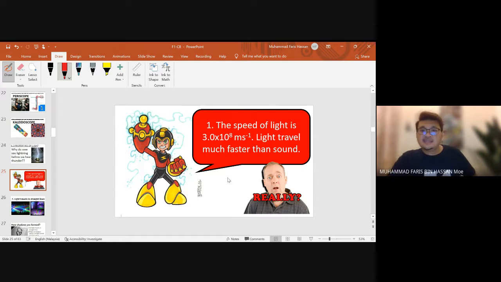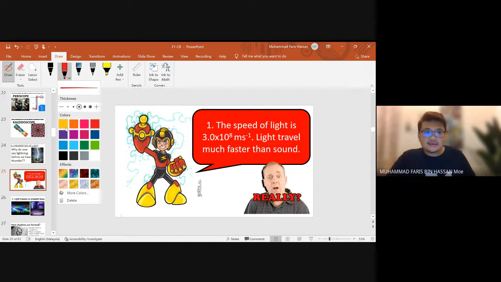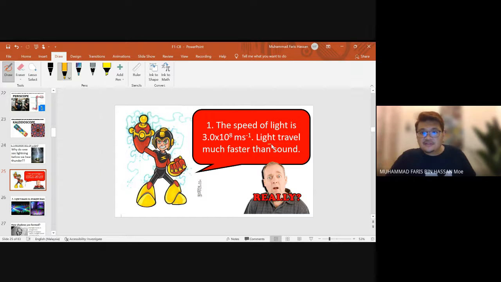The first property of light is that the speed of light is 3.0 times 10 to the power of 8 meters per second. Light travels much faster than sound.